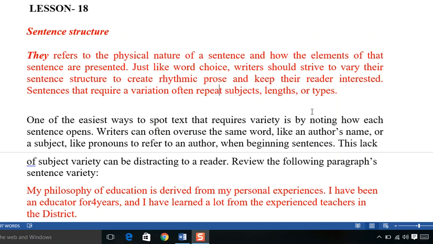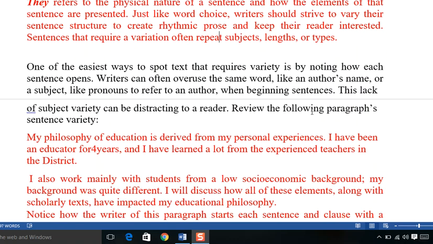This means that to bring innovation, creativity and smoothness, we must create sentence variations by changing subjects, lengths and types. One of the easiest ways to spot text that requires variety is by noting how each sentence opens.